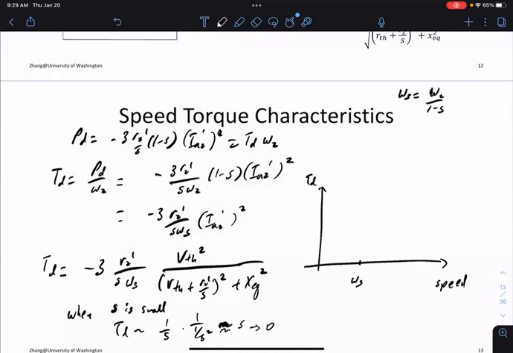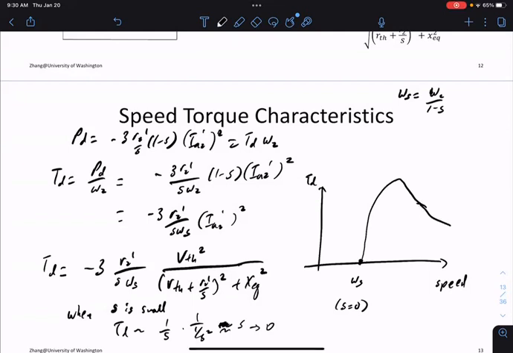At omega s, this means a slip of 0, we have 0 torque. When s is slightly larger than 0, this thing starts to grow, and if you plot this, it will look something like this.